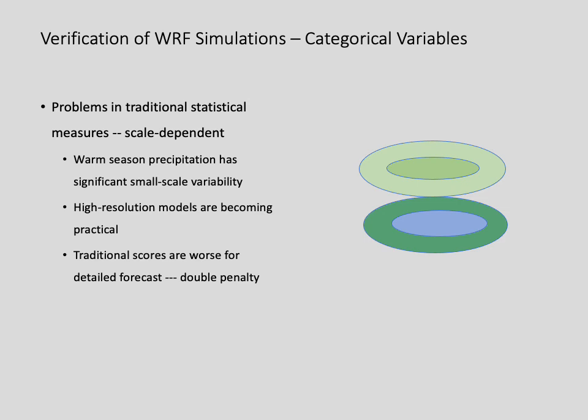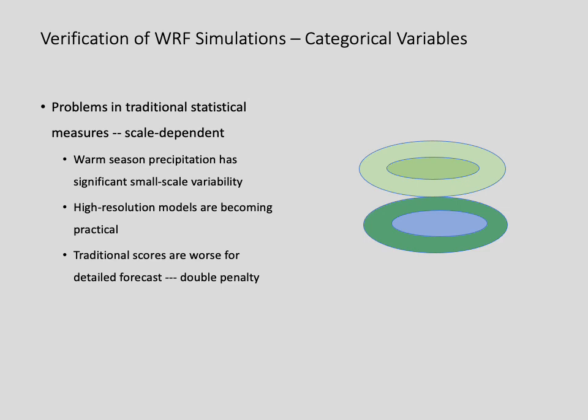Now let's take a look at some problems in traditional verification methods. One big issue in the traditional metrics is that they are scale dependent. We know that it is easy to predict precipitation over a large area, but it is not that easy to predict precipitation in a small area with many details.